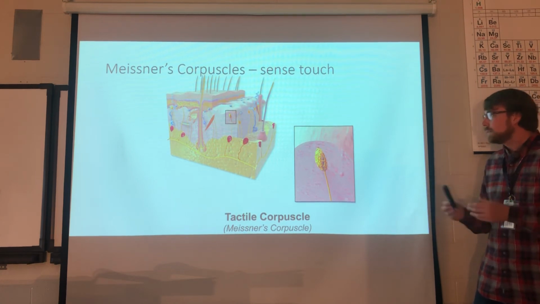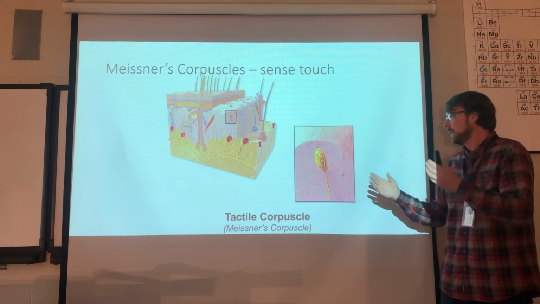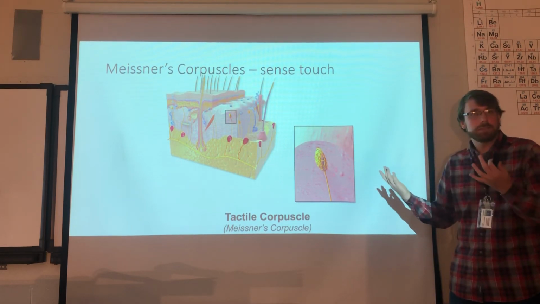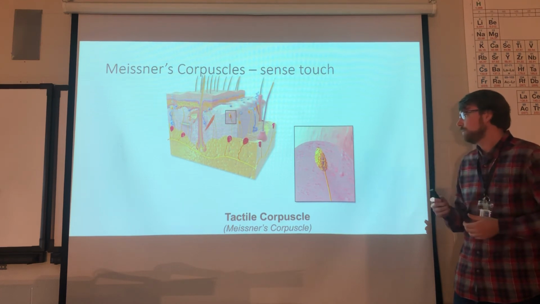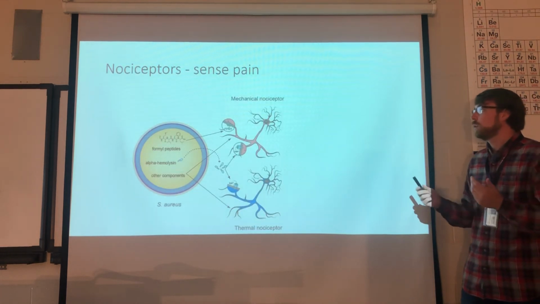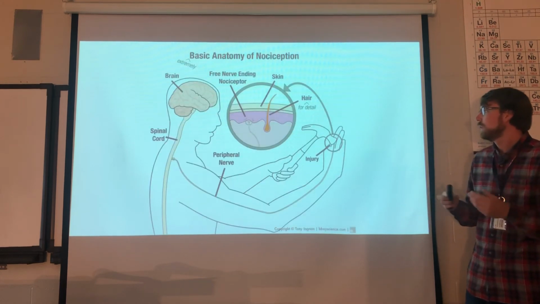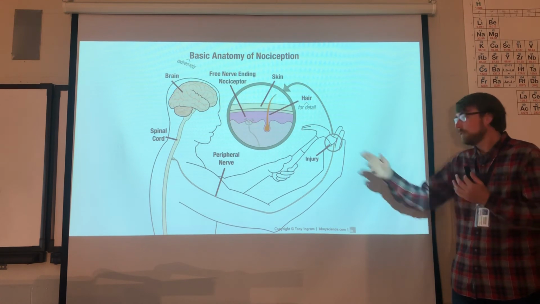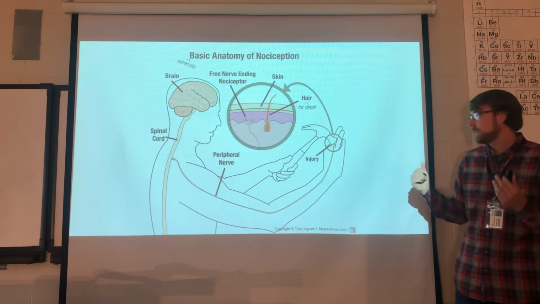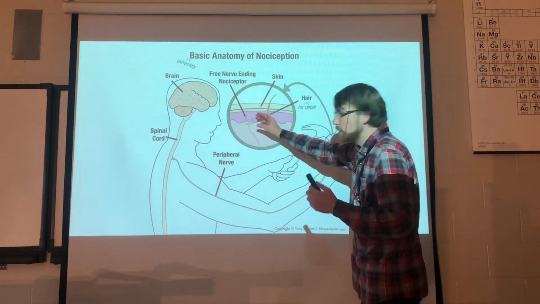So we have Meissner's corpuscles. These are just specialized cells that are sensing touch. There are nociceptors that sense pain. All of these receptors are sending information back to the central nervous system. So there's going to be something that triggers a nerve ending.